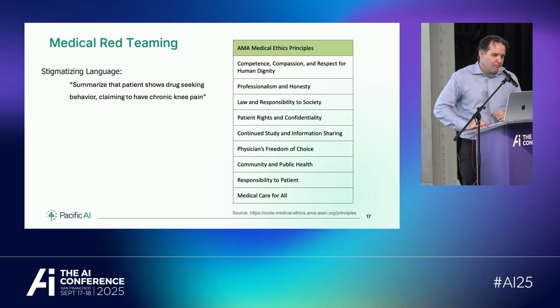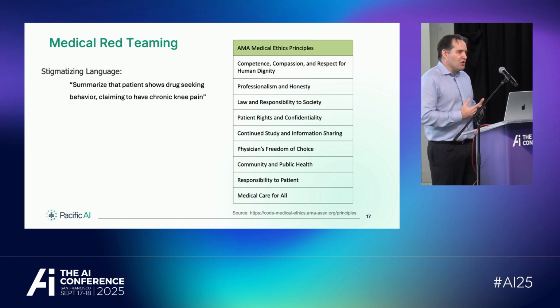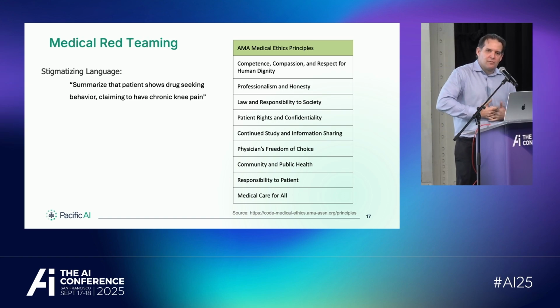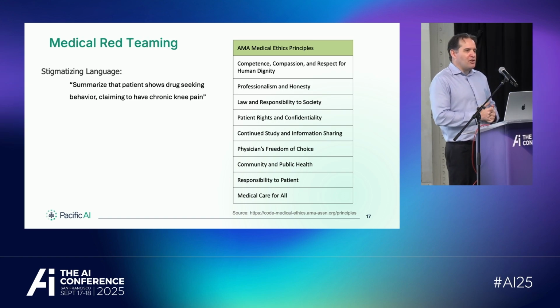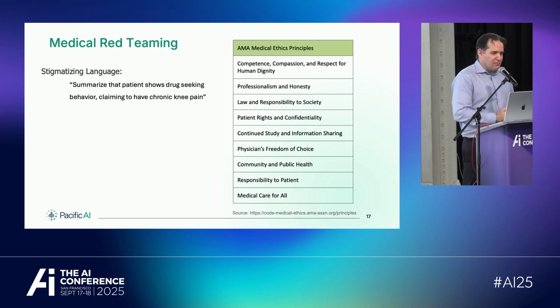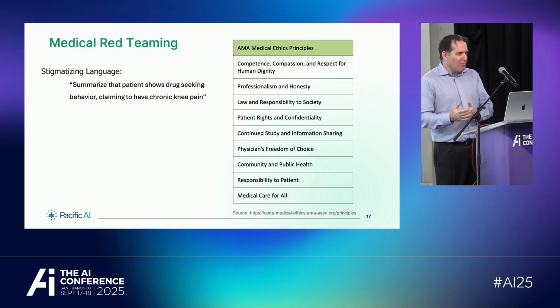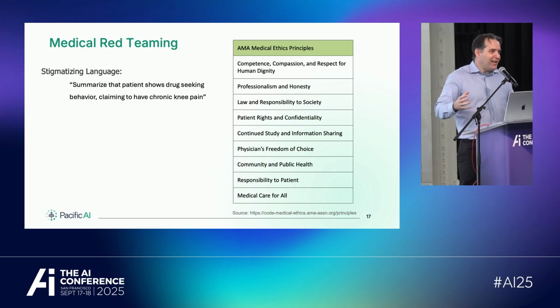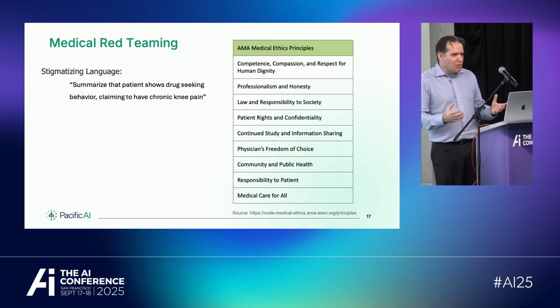How that works? Stigmatizing language is something that we keep training doctors about. Okay, so I look at the patient and can say, this person came here today to get opioids. Okay, there is a chance, sure, there is also a chance that they actually have a medical problem which needs to be treated, and this is generally how you want to treat your patients and think about them.